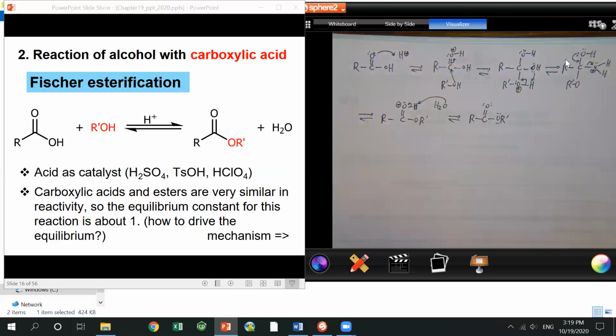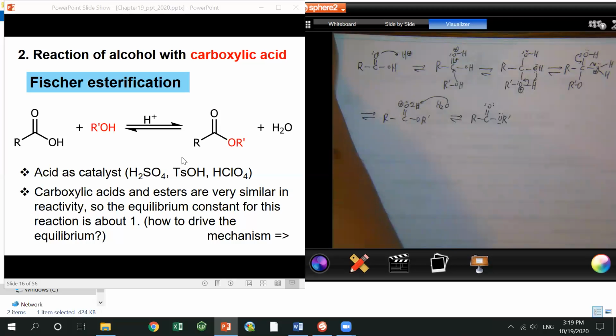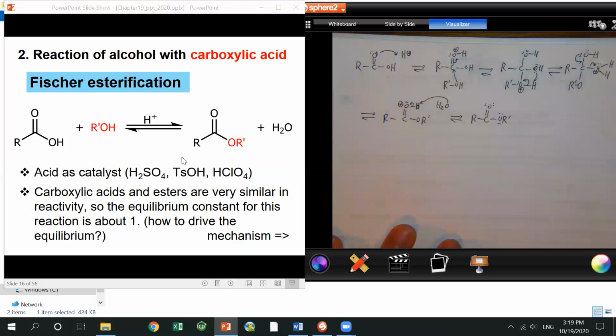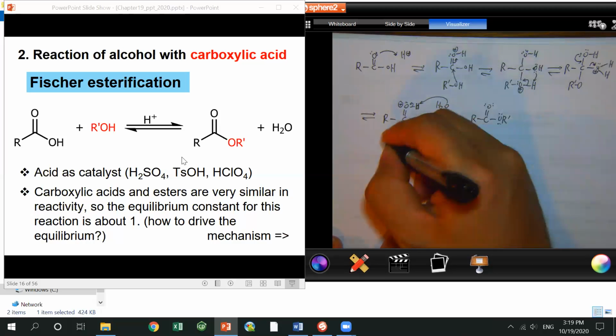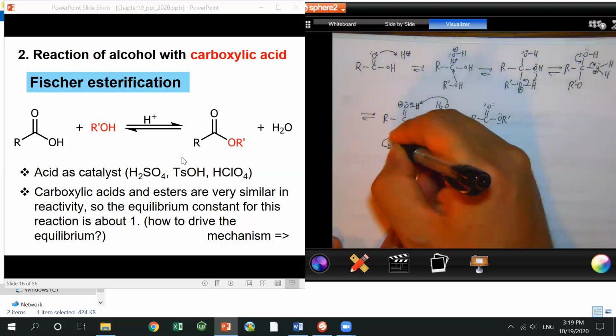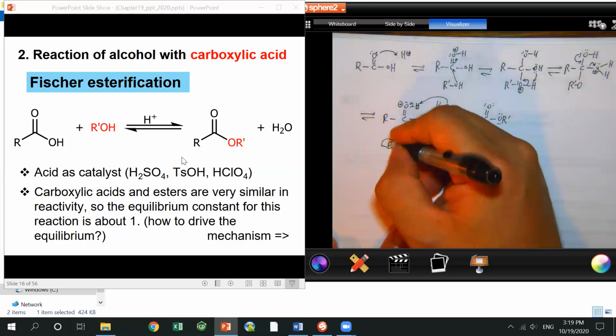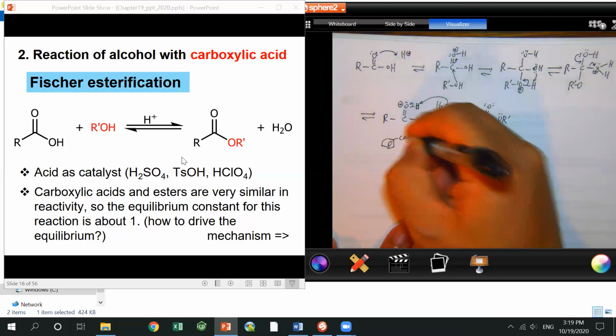All right, and for this reaction, okay, I will give you guys a couple of examples, okay. Yeah. So that's actually the most common way to make an ester, okay, because the acid is cheap. Normally we don't use the acid anhydride or acid chloride to make an ester. Okay, so we go from the acid directly and do the Fischer esterification.